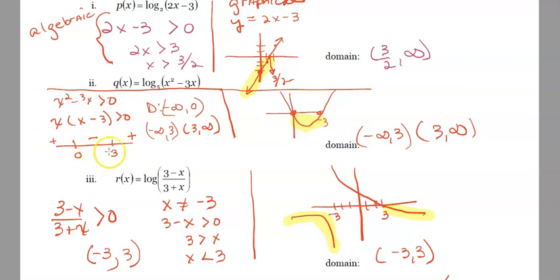Pick a number between 0 and 3. I pick 1. 1 times a -2 is going to be less than 0. It's going to be negative. I can't use it. Put your negative here on the sign chart. Then pick a number to the right of 3. I pick 4. That's going to be 4 times 1, which is greater than 0.